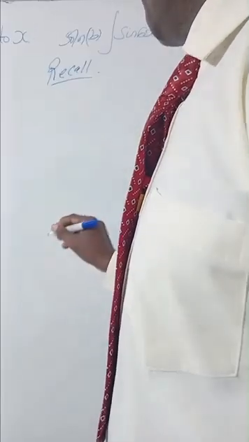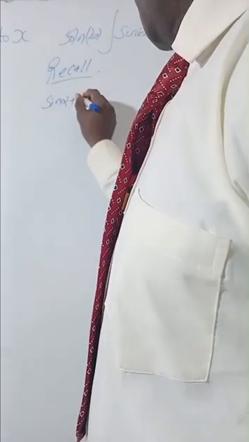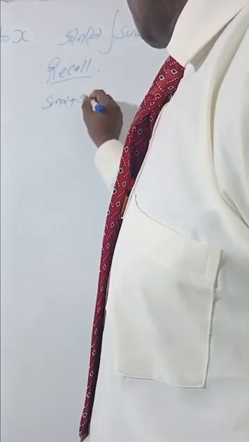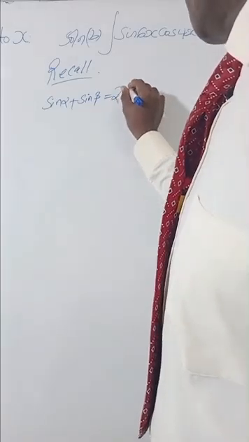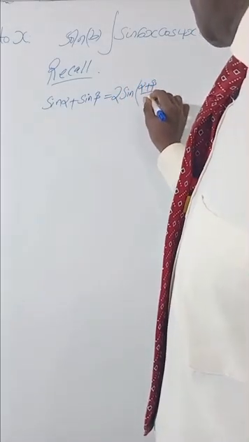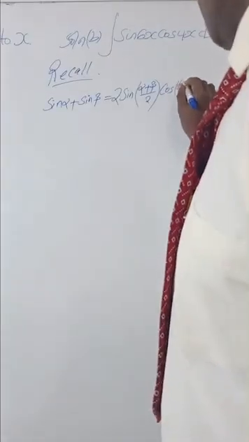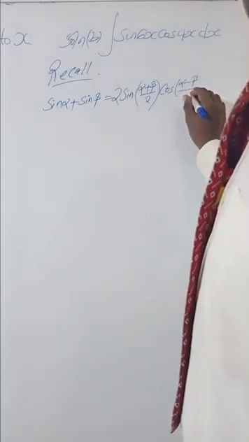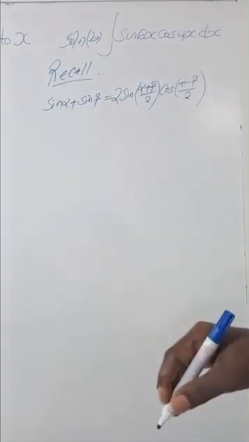It says that if I have sine alpha plus sine beta, this is equal to twice sine of alpha plus beta divided by 2, then cos of alpha minus beta divided by 2. That is our factor formula.